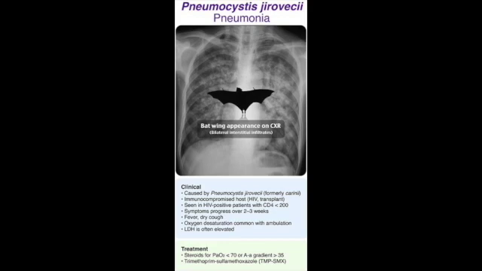Management is trimethoprim-sulfamethoxazole, which is Bactrim, the drug of choice, and you do it for 21 days. If they're HIV positive, add prednisone if they're hypoxic, importantly, with a PaO2 of under 70 millimeters of mercury, or an A-a gradient of over 35, to decrease mortality.